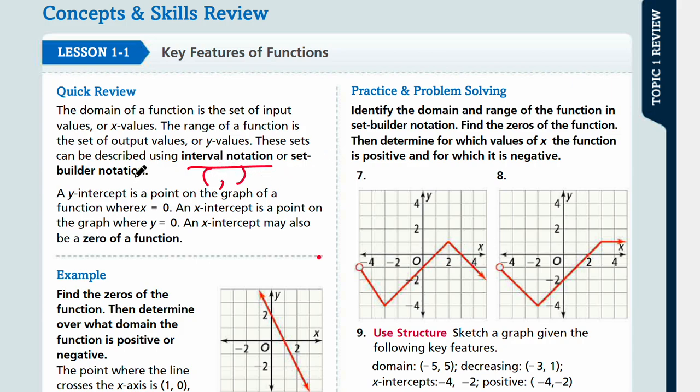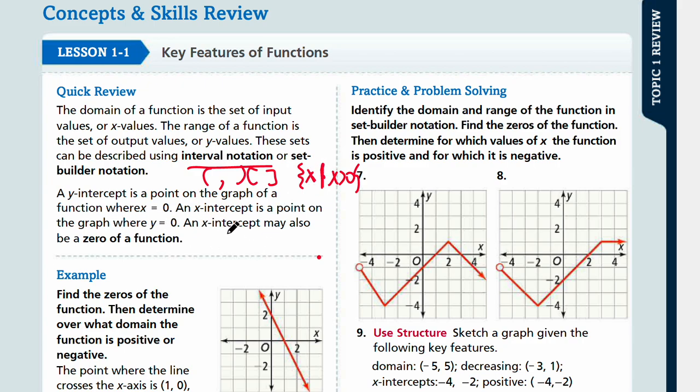Set builder notation: you can describe, for example, x, and then an inequality, all positive. So this is an example of a set builder notation, an inequality and your variable.